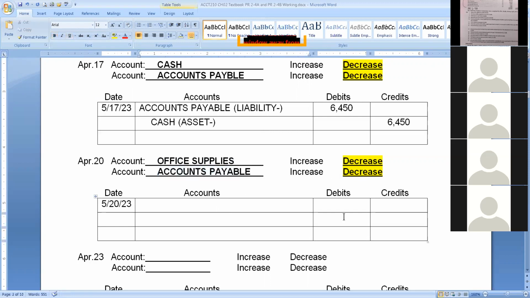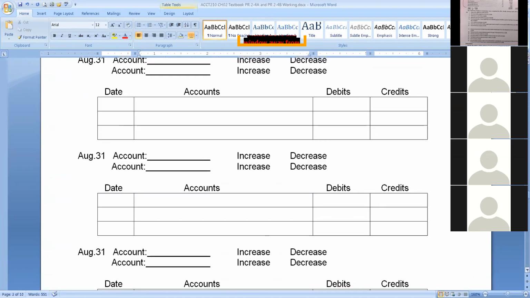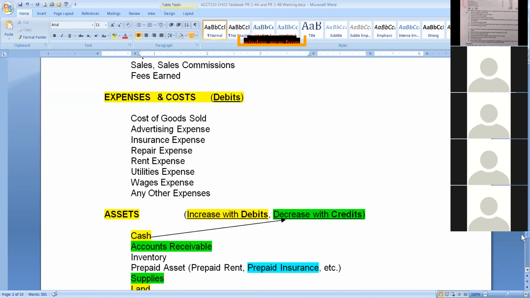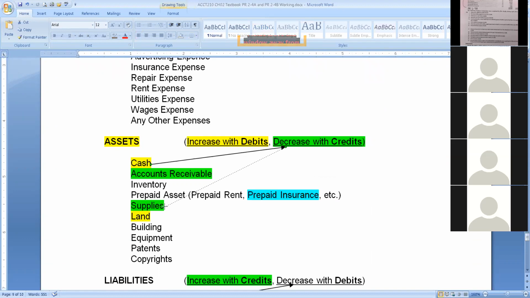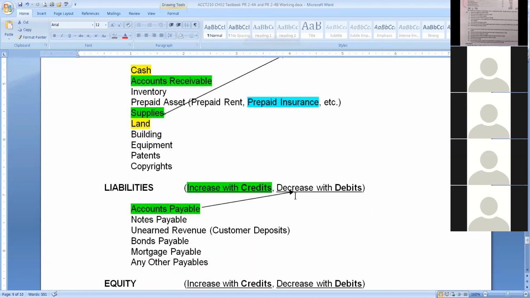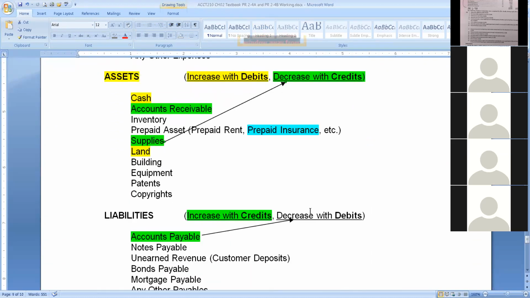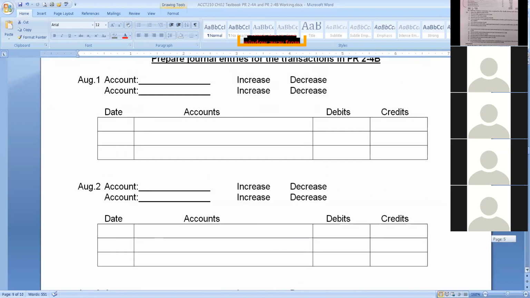They give us full credit. Supplies are going to decrease with a credit, and accounts payable is going to decrease with a debit. So accounts payable will be the debit, supplies will be the credit. It's basically just reversing out the second.